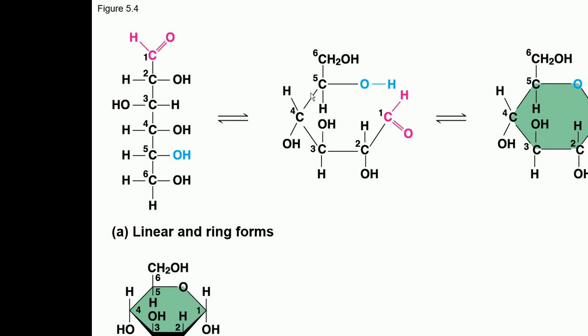And then this hydrogen forms a bond with this oxygen, and that's the way the ring form of glucose is formed.